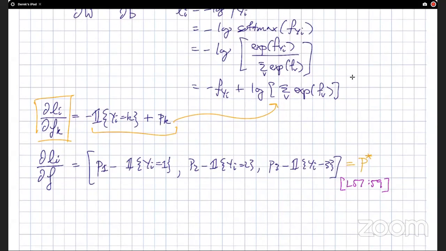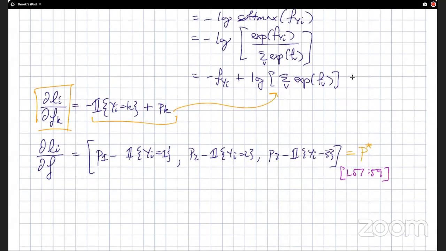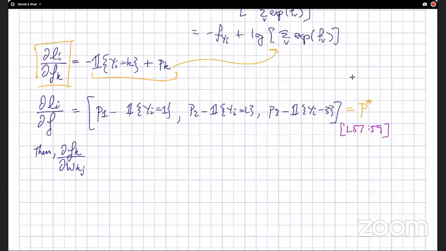Okay, so let's move on. If there are any questions, please stop me. Let's go to the next level. What we care about is df by dw, but I'm going to try and interpret the line of the code. I wrote this up in Piazza. I hope you have access to Piazza.